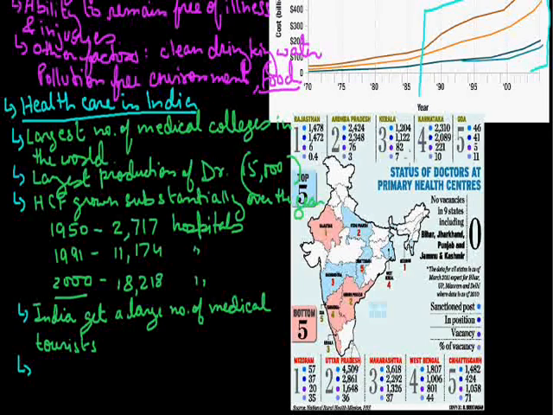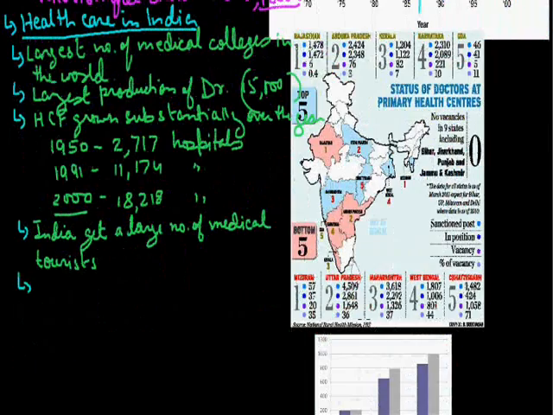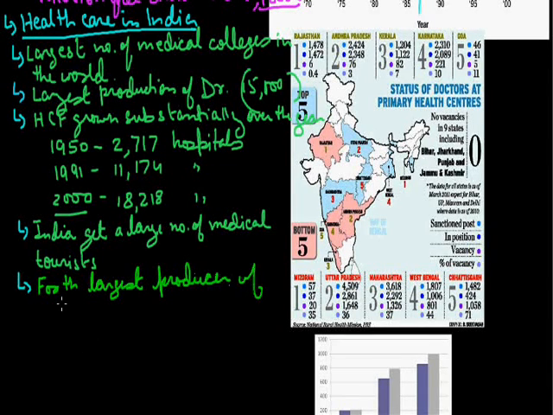India gets a large number of medical tourists from nearby countries. India is the main center which provides healthcare services at a very cheap price. India is also the fourth largest producer of medicines in the world.